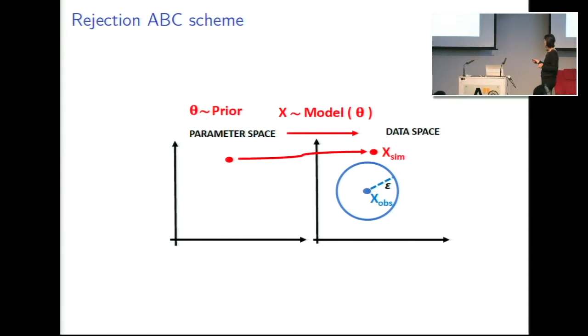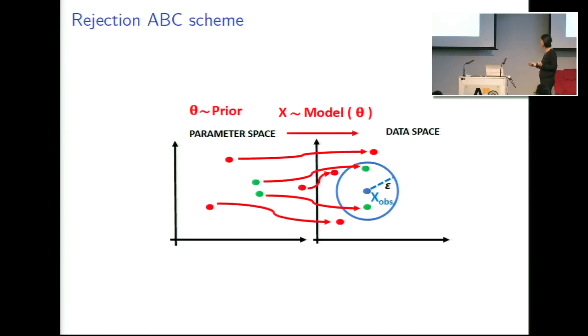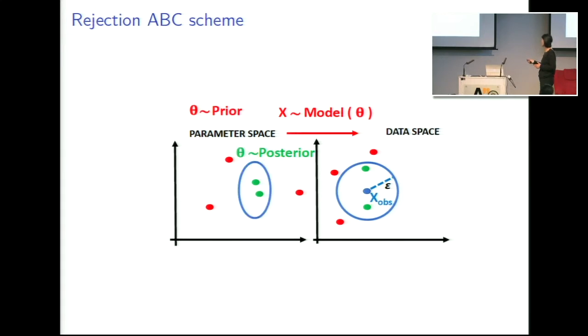If the simulated data is outside the epsilon ball, we throw away this value of the parameter. We keep doing this until we find some value of the parameter that generates simulated data that is sufficiently close to the observed data. And we do this over and over on a supercomputer, parallelizing this procedure, which is embarrassingly parallelizable. And we retain the values of the parameter that have generated pseudo data that are close to the observed data.